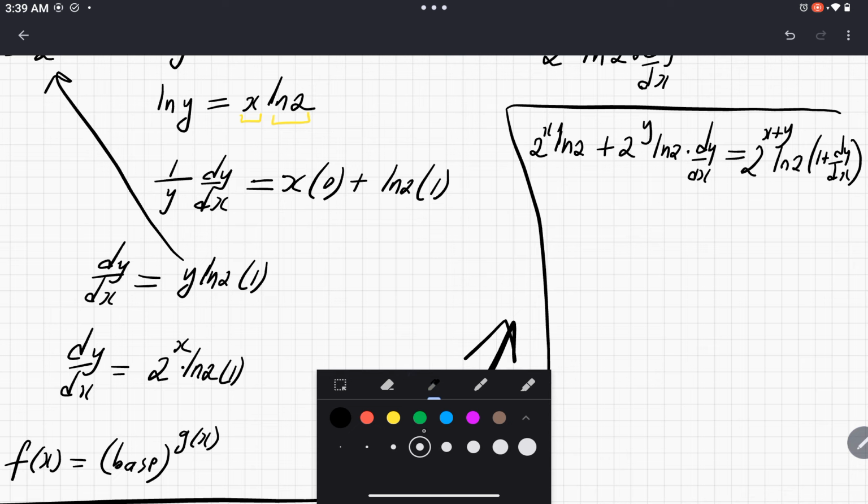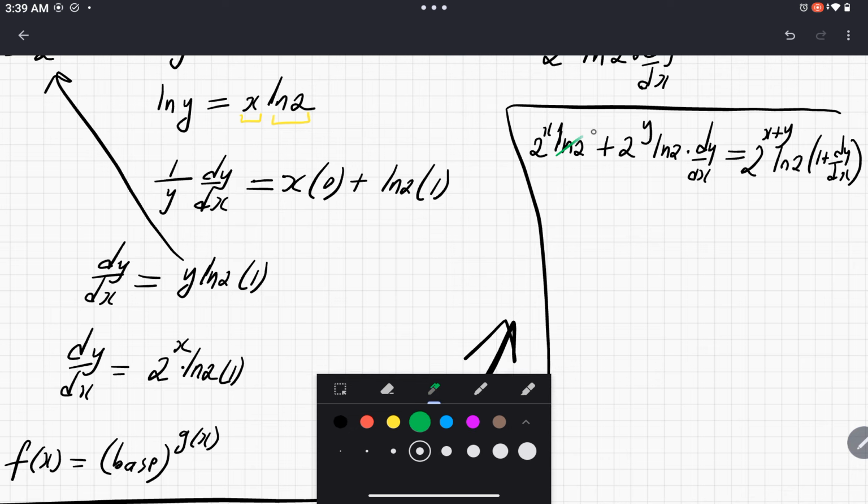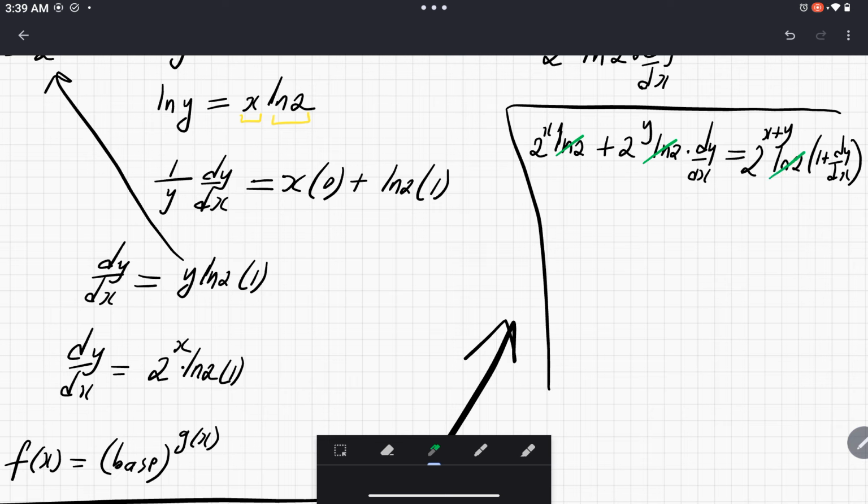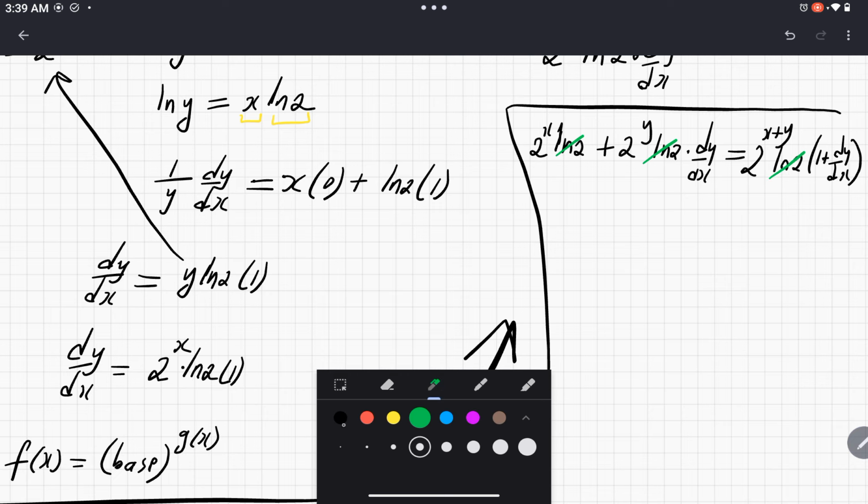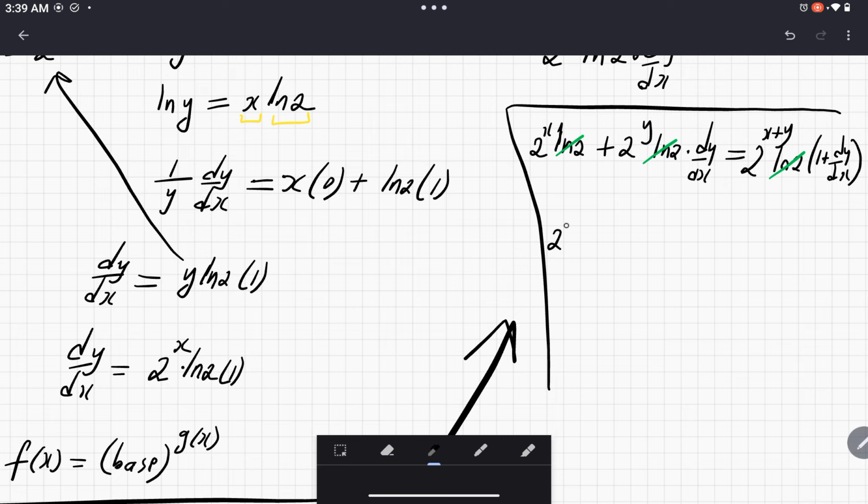It simplifies our result, so it becomes easier to compute. So we're going to have 2 raised to the power x plus 2 raised to the power y dy on dx equals 2 raised to the power x plus y into 1 plus dy on dx. Then we're going to go further by expanding our function in order to bring the terms containing dy dx on one side and the other terms without dy dx on the other side.